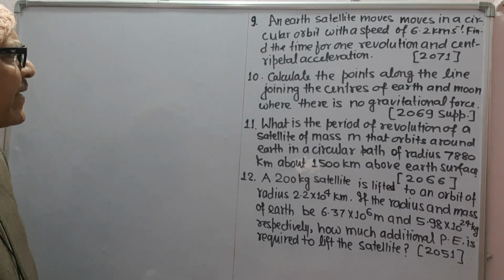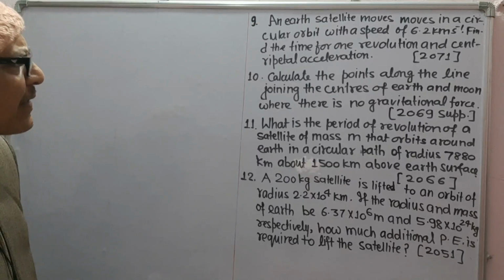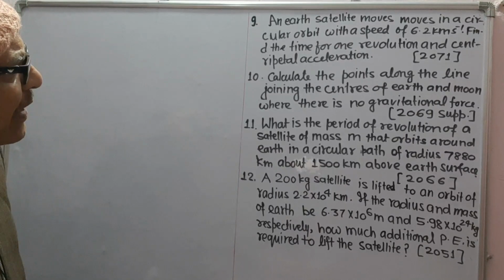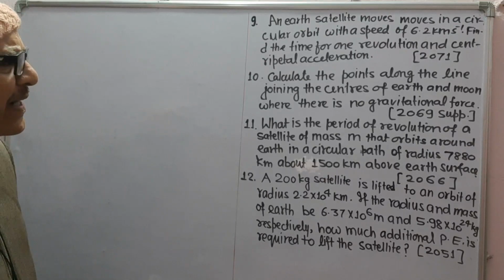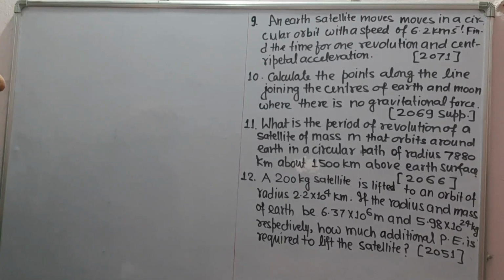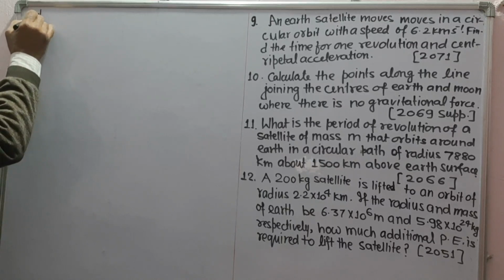Next, question number 9. The question is, an Earth satellite moves in a circular orbit with the speed 6.2 kilometer per second. Find the time for one revolution and centripetal acceleration. Now, solution to question 9.